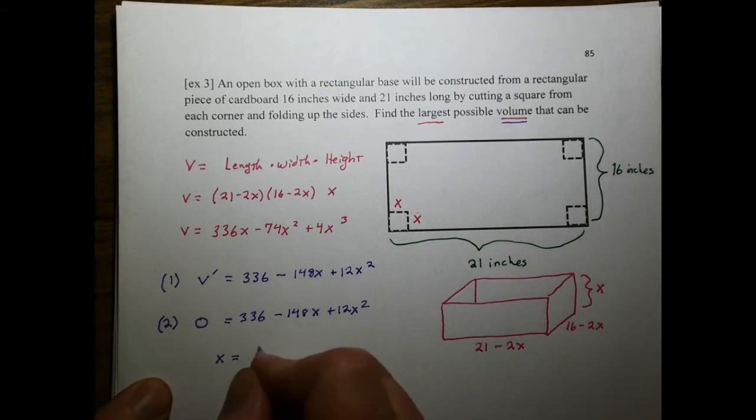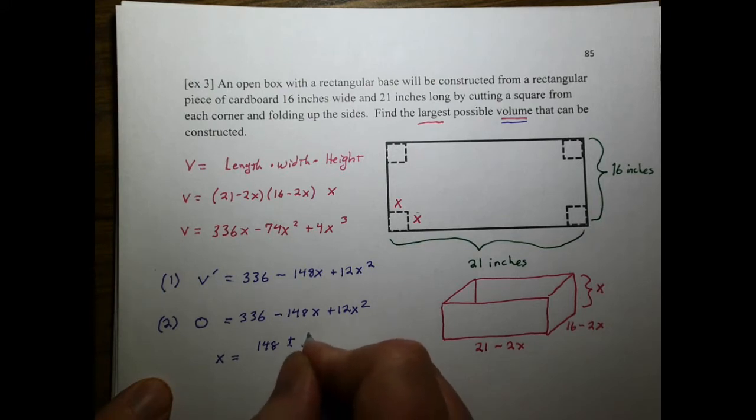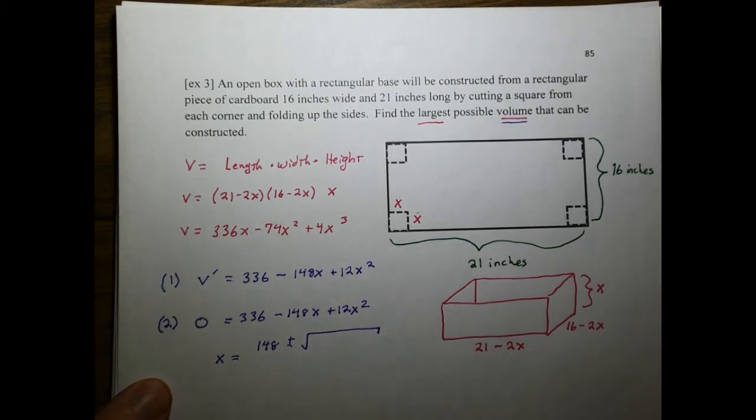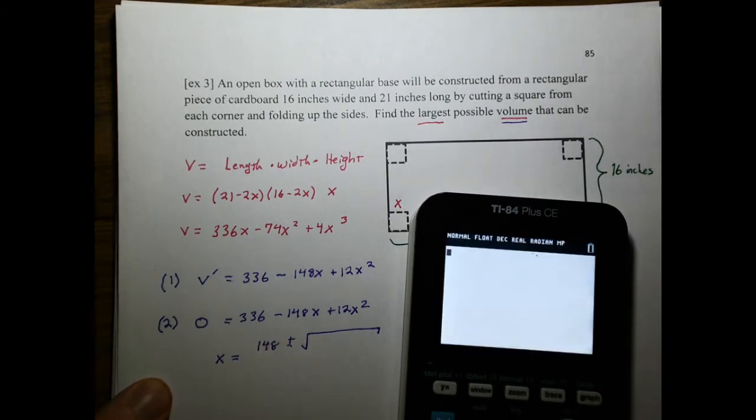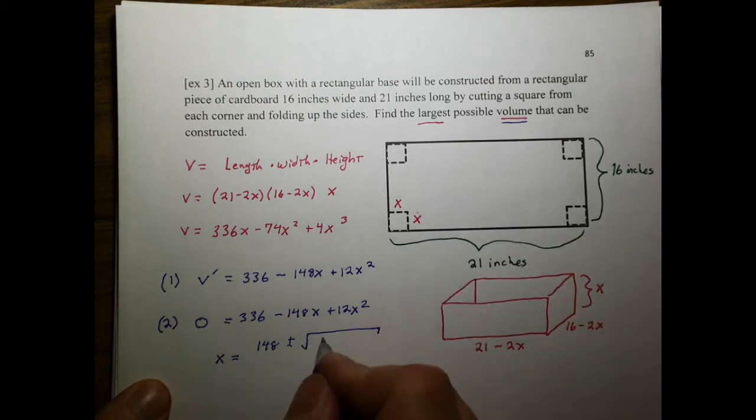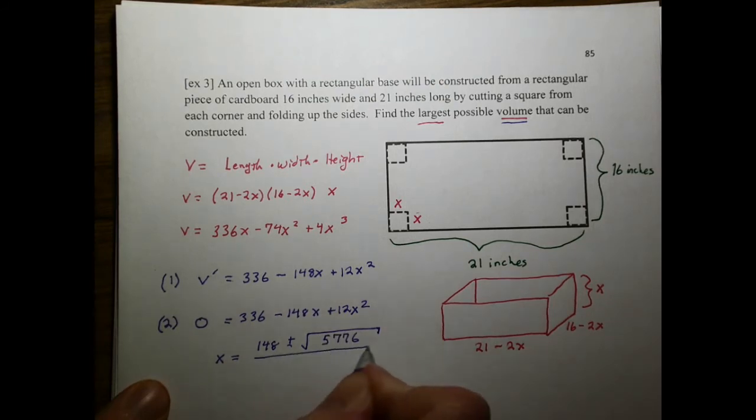Very briefly, if you use the quadratic formula, you'll have 148 plus or minus the square root of 148 squared minus 4 times a times c, so 5,776, and that'll be all divided by 2 times a, which is 24.